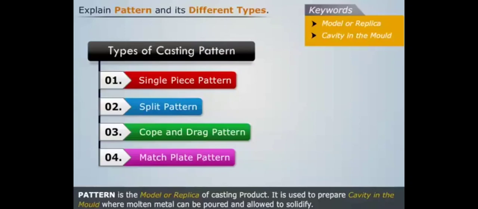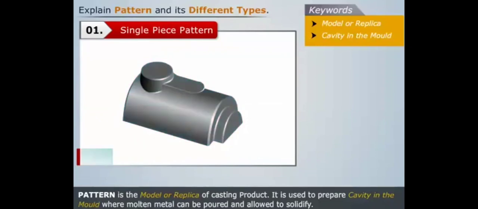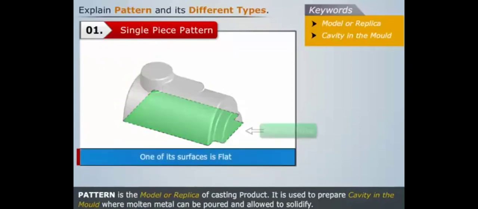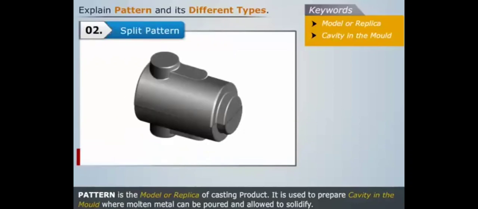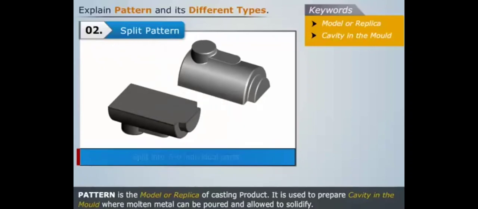Now let's discuss each of these types one by one. Single piece pattern. This type of pattern is made up of only one piece. It does not contain any loose joints, and one of its surfaces is flat. Split pattern. In this type of pattern, the structure of the casting to be produced is split into two individual parts.